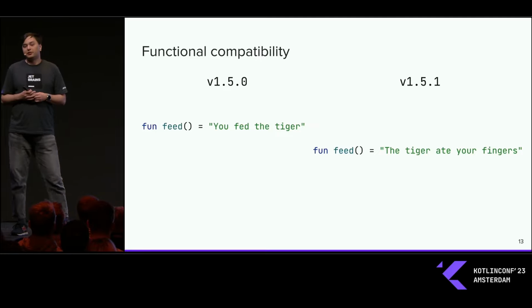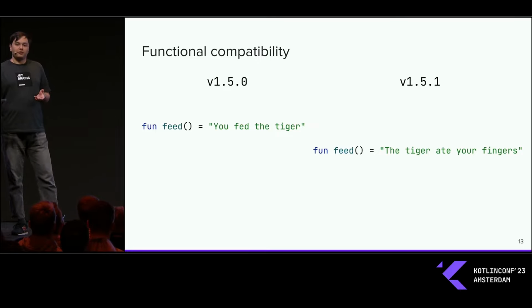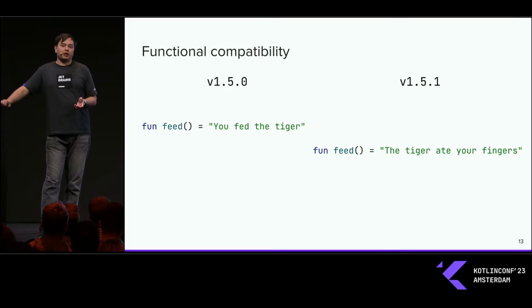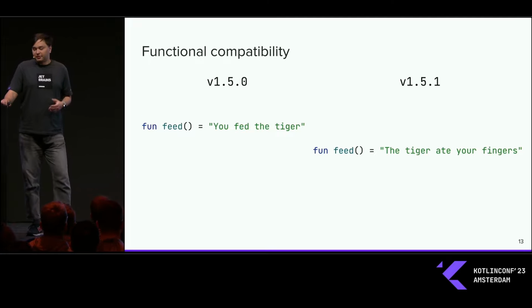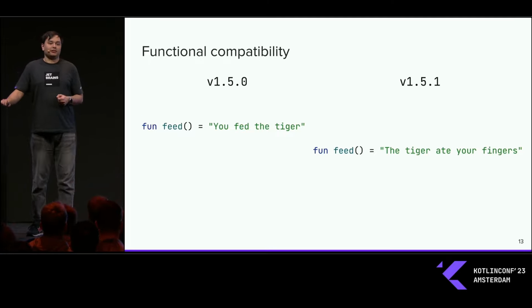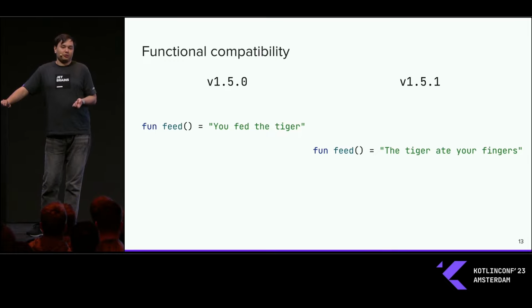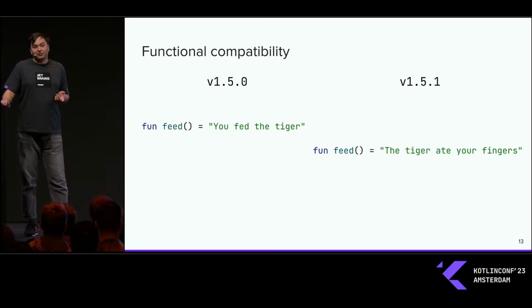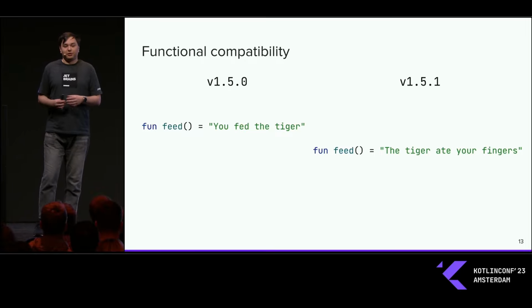Functional compatibility is simply a property where a function continues to behave like it used to in new versions. For example, if you had version 1.5 and fun feed in there said you fed the tiger, and in version 1.5.1 this function says the tiger ate your fingers, well, it is a completely different behavior.